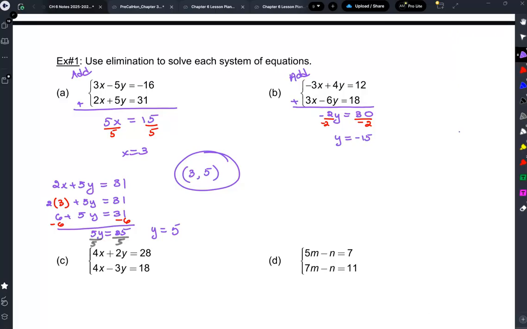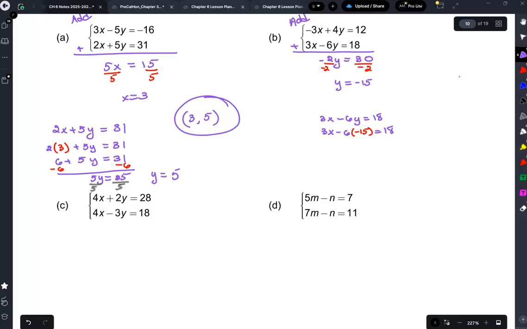Yeah. 4y and... Right. So now let's take the second one. 3x minus 6y is equal to 18. So 3x minus 6 times negative 15 is equal to 18. So this is going to be 3x minus 6 times minus 15, which is going to be positive 90, is equal to 18, right?